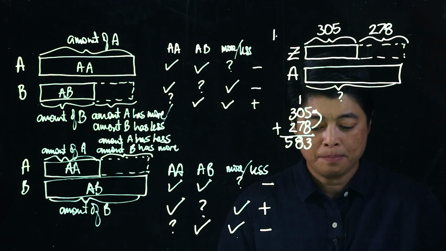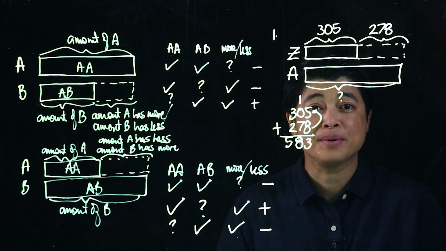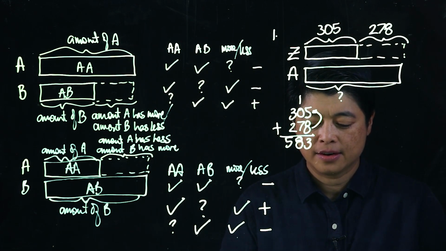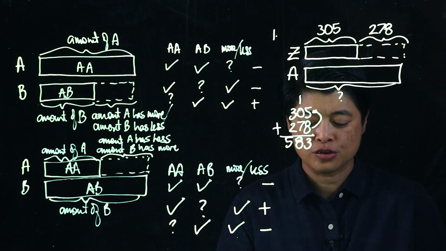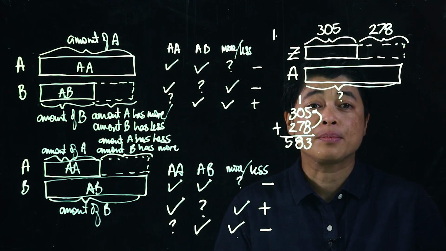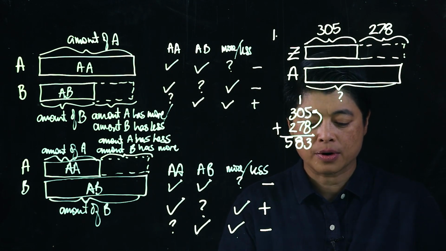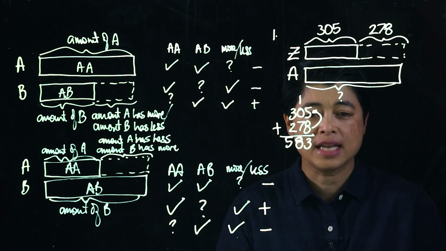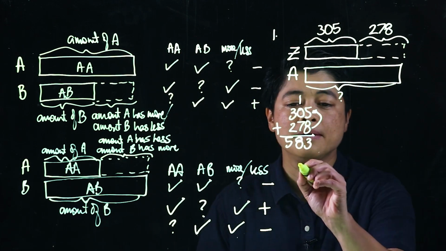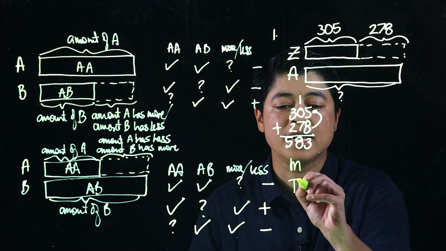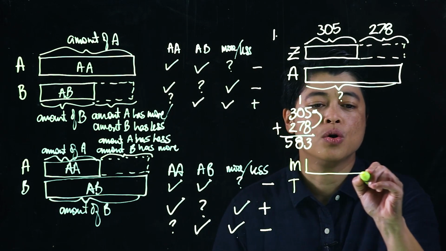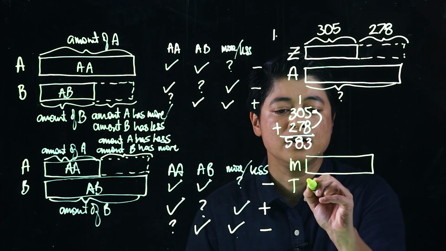The second example is an example from the book. It says, 459 children were in the library on Monday. 413 children were in the library on Tuesday. So clearly Monday is more than Tuesday.